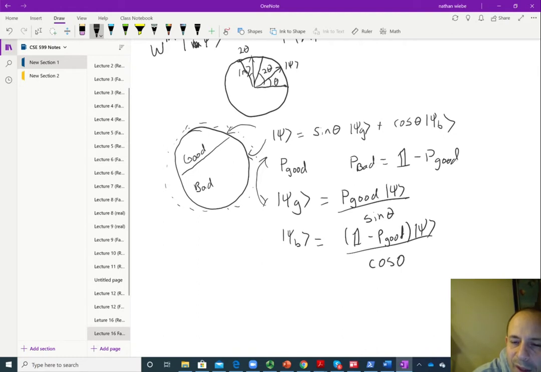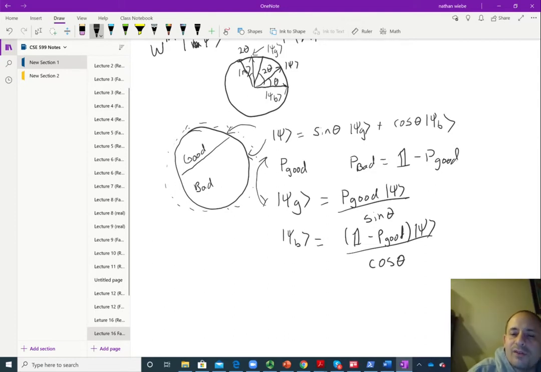Similarly, we would have |psi_b> equal to identity minus the projection onto good times psi, divided through by cosine theta. Those are the two subspaces, or the two vectors, that we end up having. These are going to form the analog of this vector over here and that one up there.